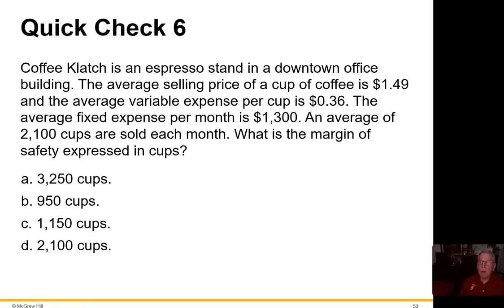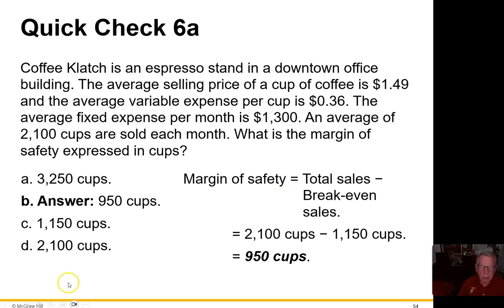Okay, now, here's same information on Coffee Clatch, and now they want you to calculate the margin of safety expressed in cups. Okay, so the margin of safety expressed in cups is going to be 950.